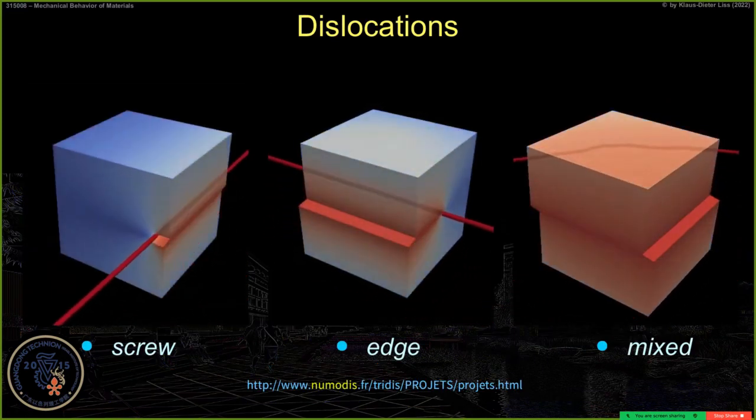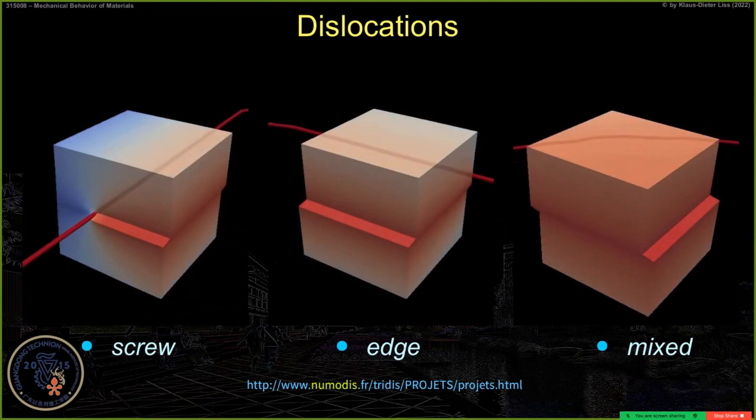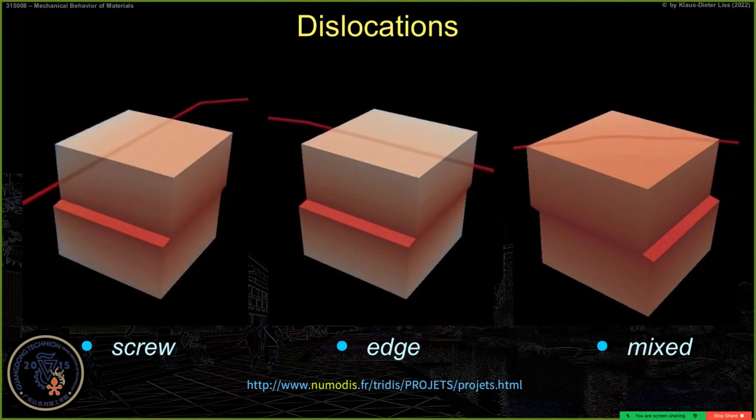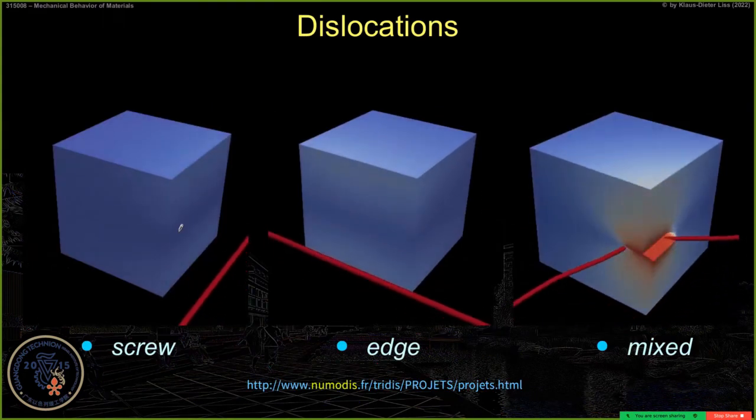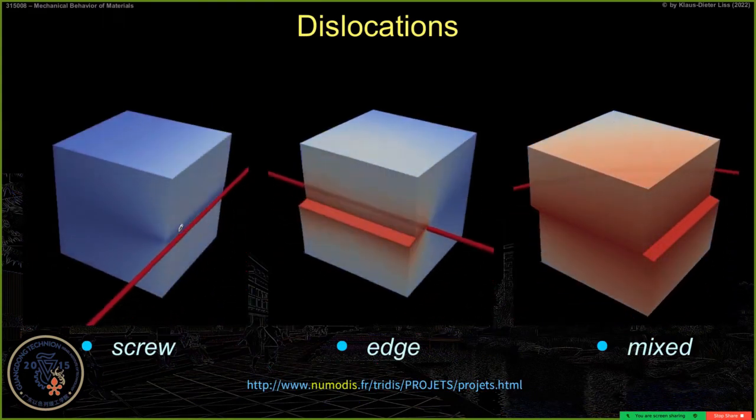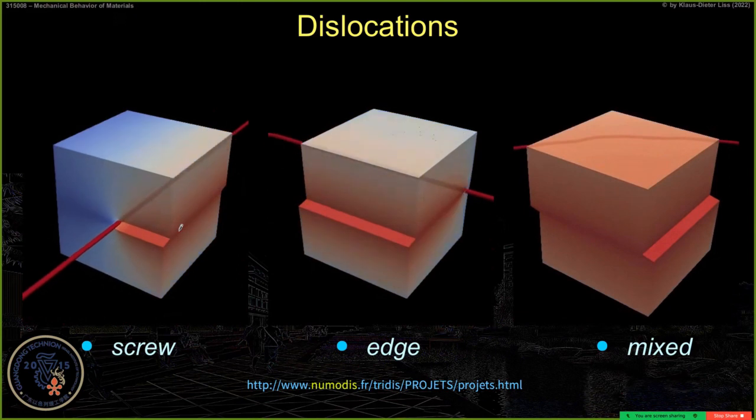Another nice movie I found on dislocations is shown here. We have the situations of a screw, edge and a mixed dislocation moving through a crystal. So you see the displacement, the Burgers vector in this direction. And I touch it, it jumps. And now we play it again. And look at the screw dislocation.